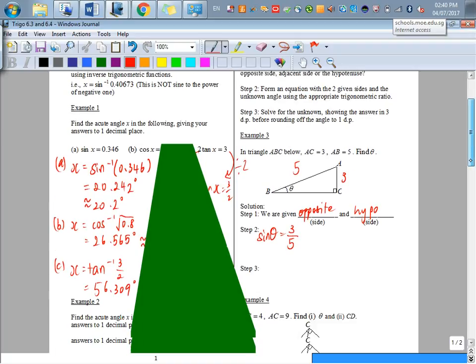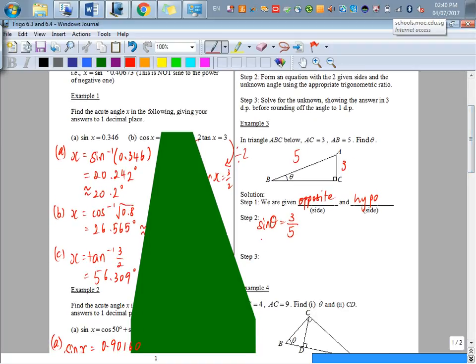So step number 3 is what we have done so many times already. Theta equals sine inverse 3 over 5. That gives me 36.869 degrees. Round it off, 36.9 degrees.